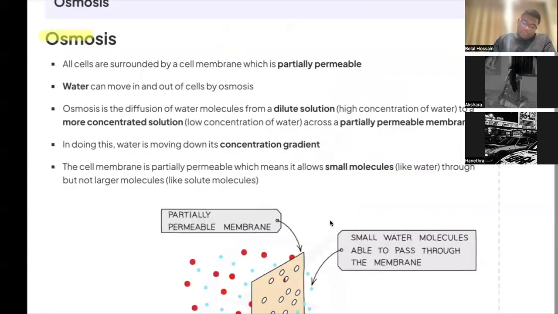Now talking about osmosis. Osmosis is the net movement of water. You can consider it as the diffusion of water molecules from a dilute solution, or high concentration of water, to a more concentrated solution, or low concentration of water, across a partially permeable membrane. In doing this, the water is moving down its concentration gradient.